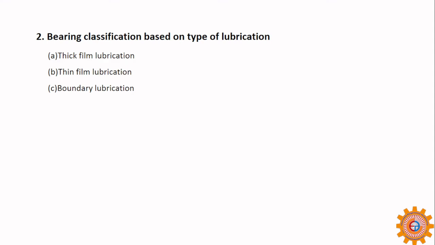In thin film lubrication, the space between the journal and the bearing is somewhat less than thick, and there is a very thin lubrication film. Boundary lubrication means almost zero lubrication film. A little bit is provided, and the viscosity is very low.